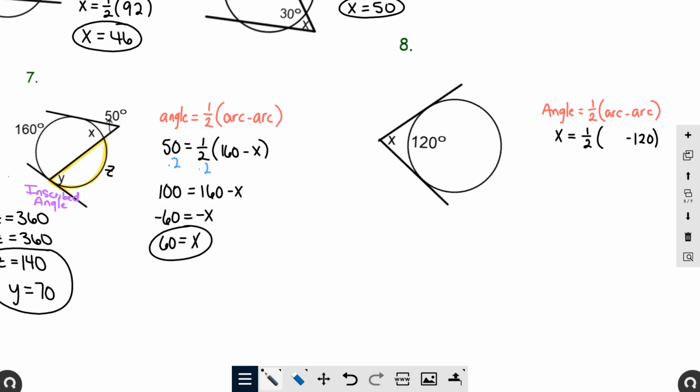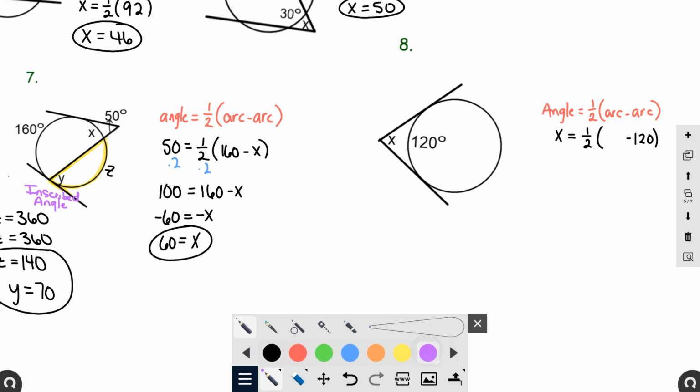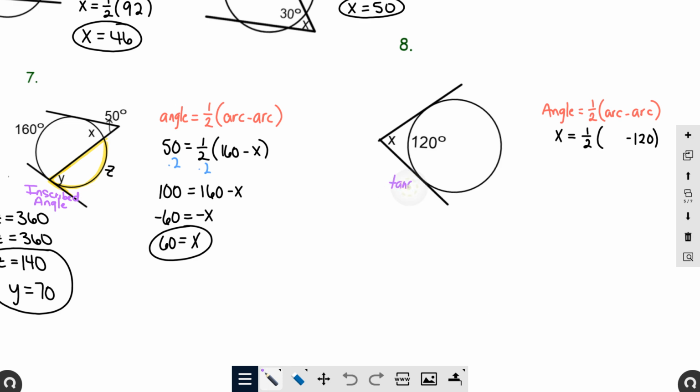How are you getting 240? Yes, we are assuming here that we have some tangent lines, right? And if we have tangent lines, they only hit the circle once.